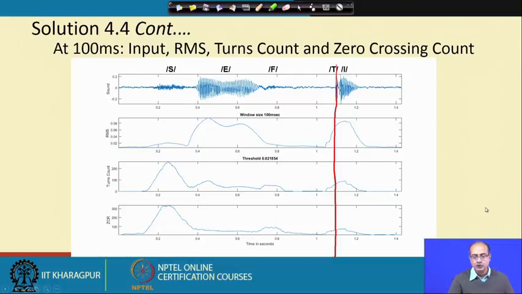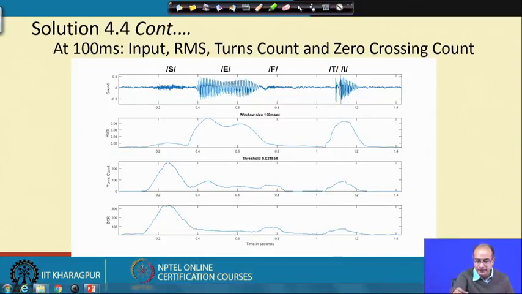That smoothness comes at a cost. In terms of the envelope it is good, but when sharp changes are happening, we are not getting them when the time window is bigger.